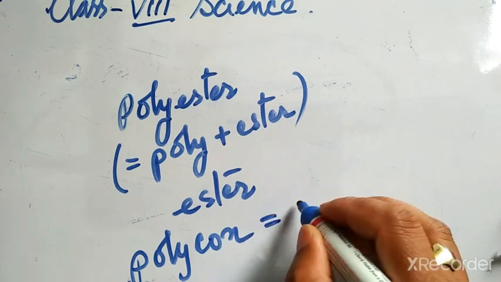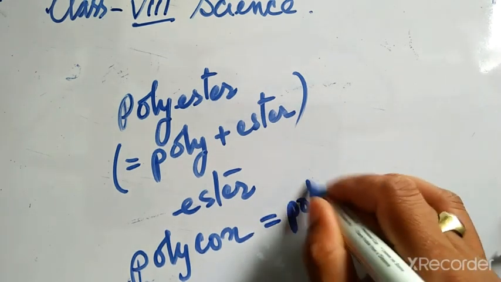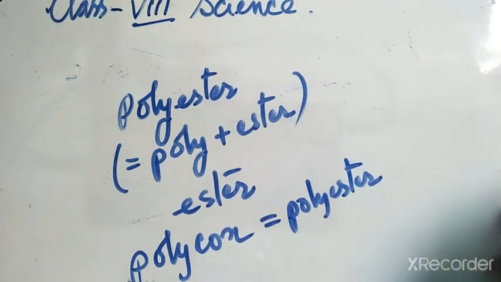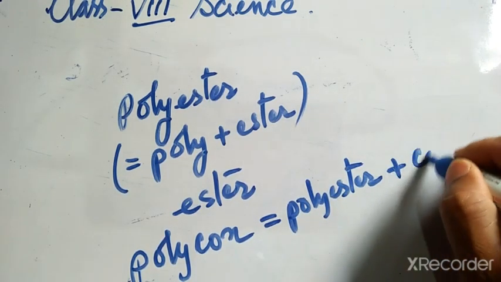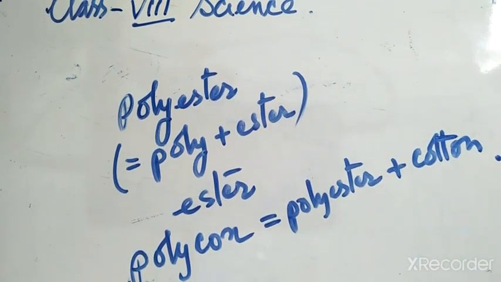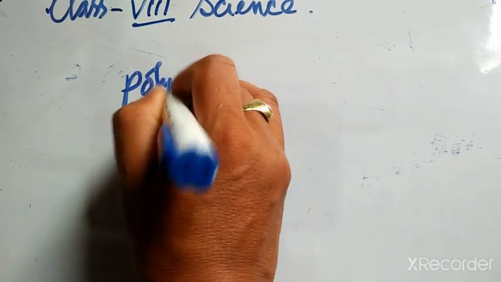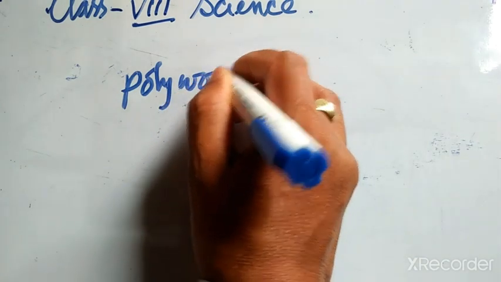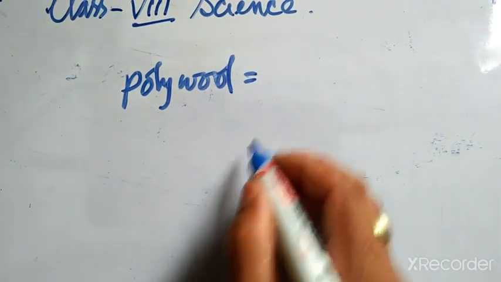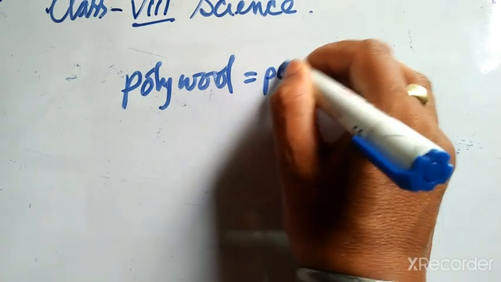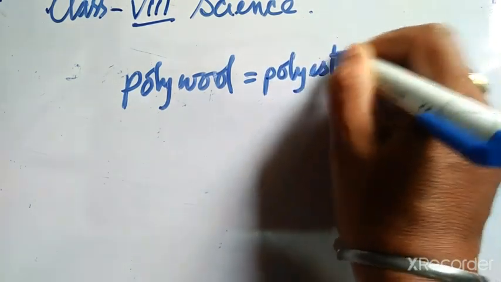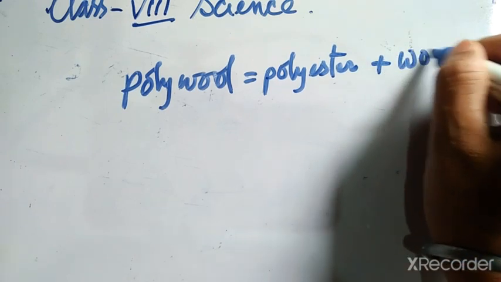Polywool is a mixture of polyester and wool.